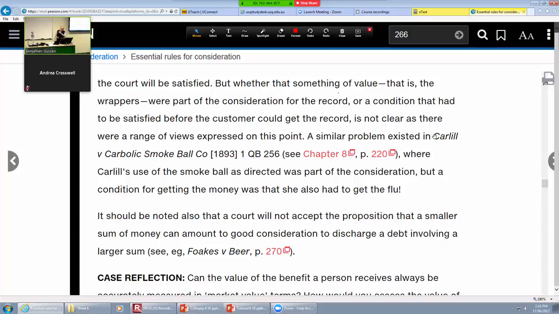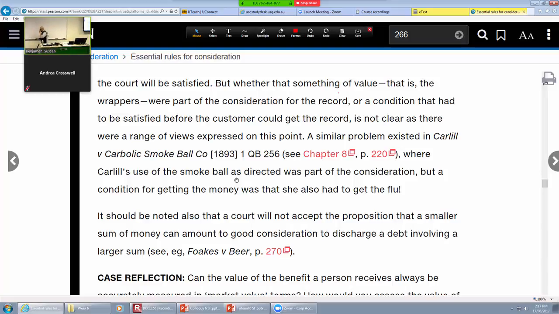A similar problem, if you have Carlill, remember Carlill? The woman that got sick after buying the smoke ball? It says, where in Carlill's case, Carlill's use of the smoke ball as directed was part of the consideration, but a condition for getting the money was that she also had to get the flu.